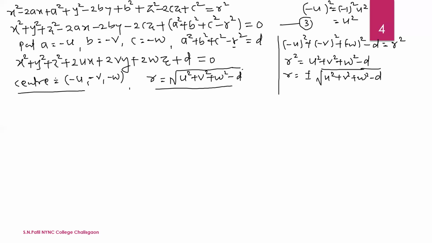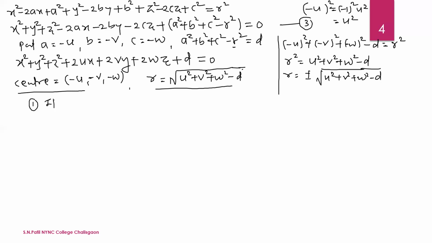Now here some conditions we can discuss on u square plus v square plus w square. This is the square root term. Let us discuss some cases.